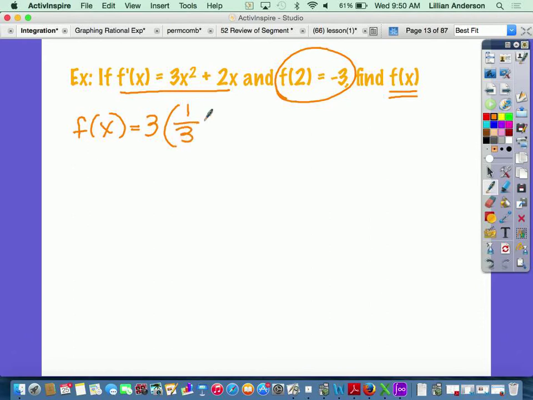It's going to be 1/3 x to the 3rd. So remember, we add 1 to the exponent, and then we do 1 over the sum. This part here, 2, 1/2, and then of course our plus c, because right now it's a general equation.